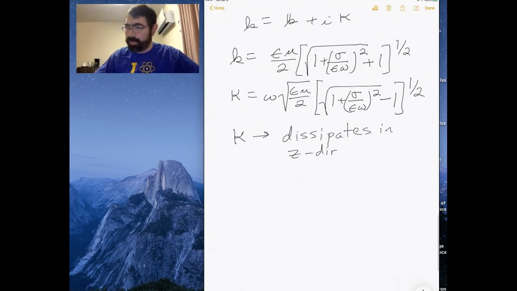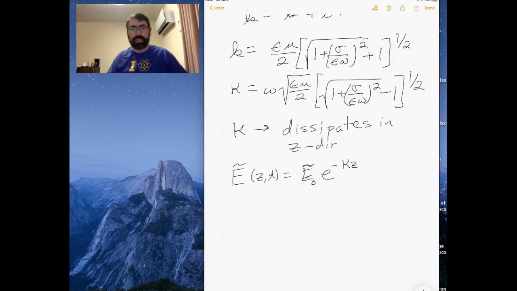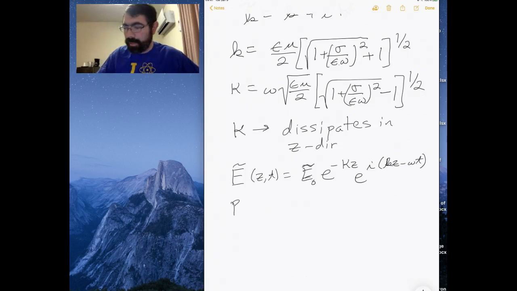So if I put all this together, I would get the original amplitude of the wave. I could pull out the kappa part, and then I would get i times i, which gives me a minus 1, e to the i k, the original k wave number, z minus omega t. And the same thing for the magnetic field.